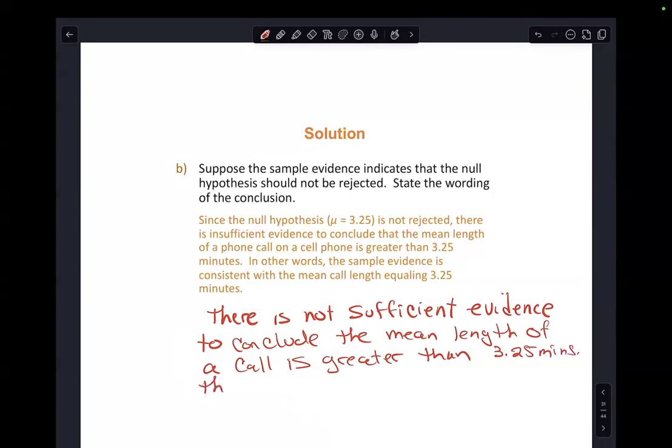Therefore, we fail to reject the null hypothesis. There we go.